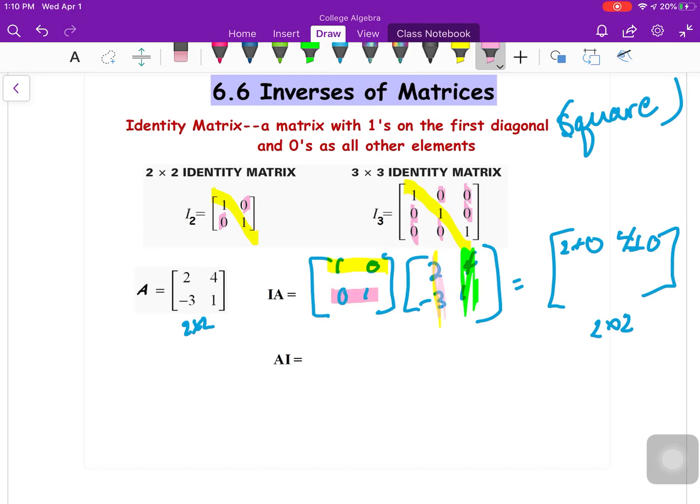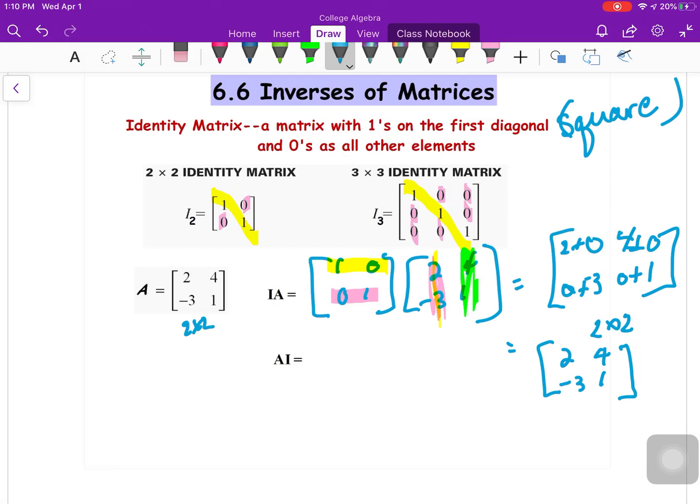Row 2 by column 1 gives me 0 plus negative 3. And row 2 by column 2 gives me 0 plus 1. So my result is 2, 4, negative 3, 1.